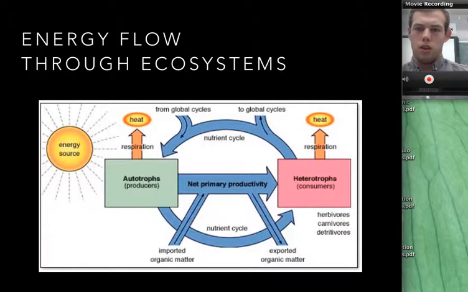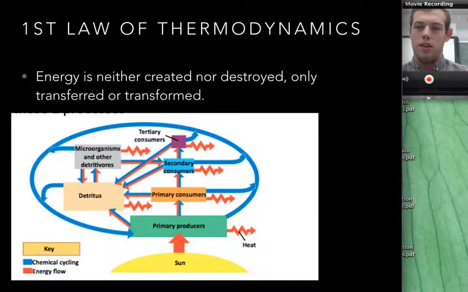So the first thing when we're talking about energy flow, we need to know a little bit about the chemistry, the background behind thermodynamics. The first thing you need to know is the first law of thermodynamics. What this states is that energy is neither created nor destroyed. It is only transferred or transformed. So what that means is our energy that we get from our food, that we get from the sun, is not going to disappear.